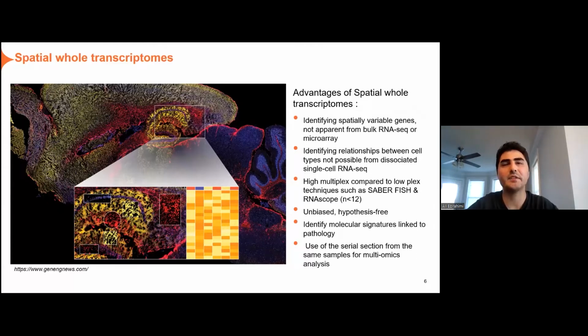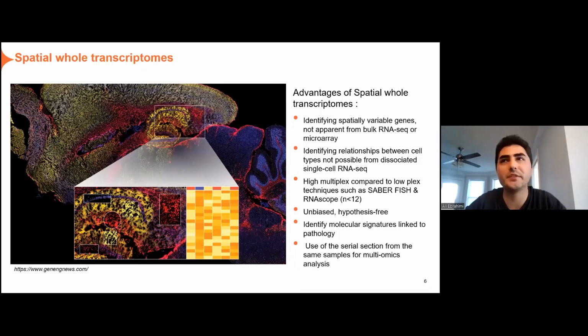But with these technologies, in an ideal scenario, you are technically going to get the entire transcriptome. So it's untargeted and hypothesis free. And this is essential when we are thinking of developing biomarkers, for example, or discovering new biomarkers, because you don't really know what genes you are looking for.